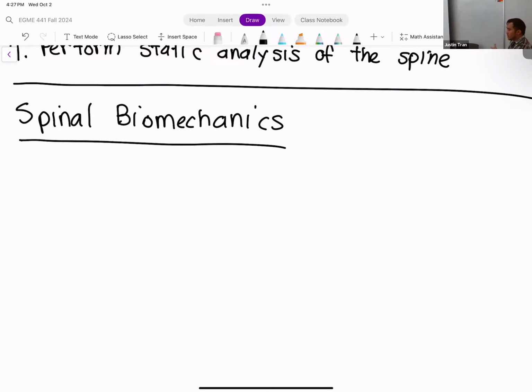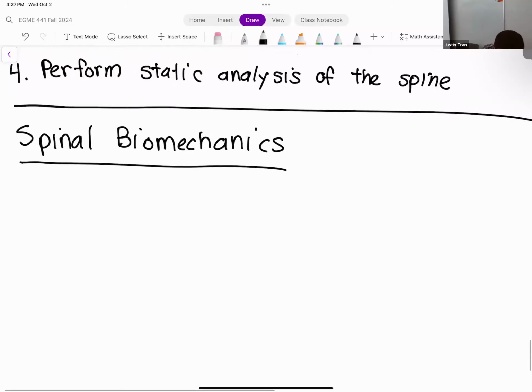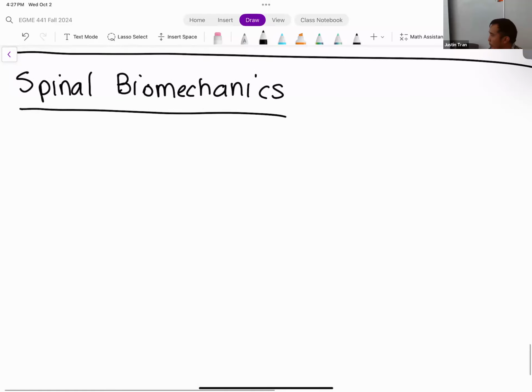So, we've already seen, mostly in the lower extremity, that your muscles are capable of exerting very large magnitudes of force.